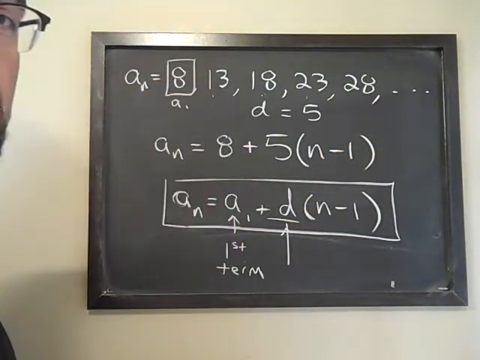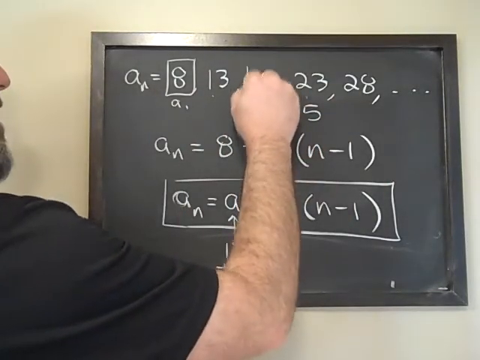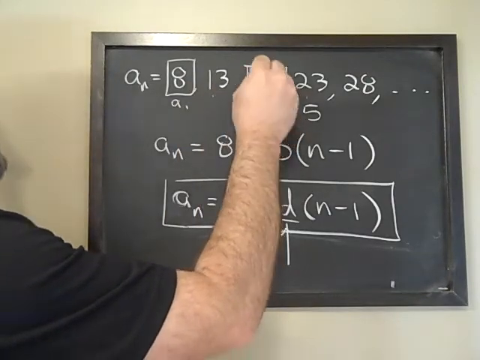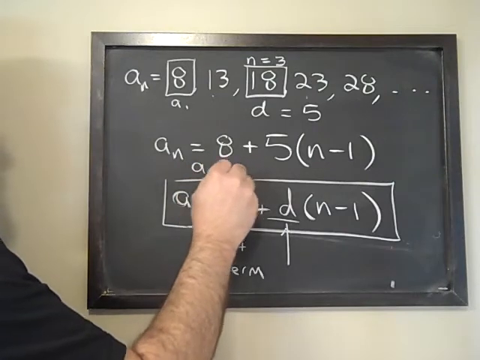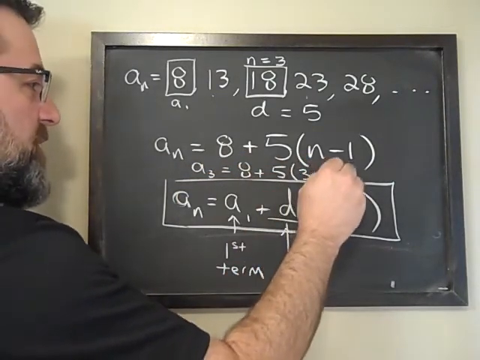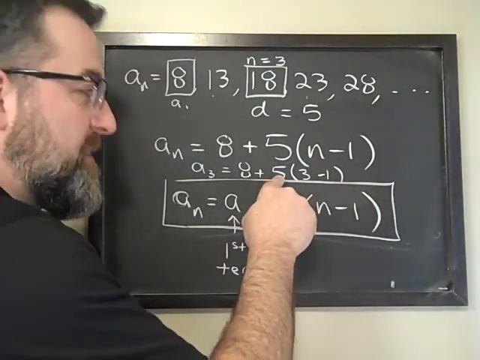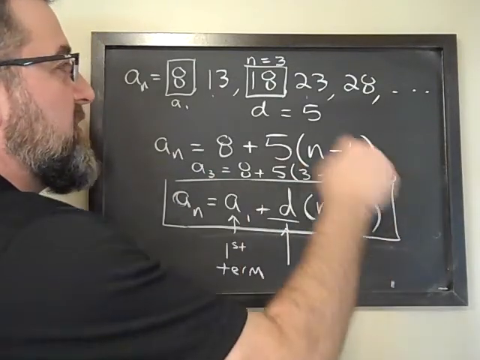That will generate this sequence. If you want to check to see will it make just some random term, let's see if we can make that one. That is the third term. The third term we know n is 3. So a sub 3 would be 8 plus 5 times 3 minus 1. What's 3 minus 1? 2. 2 times 5, 10. 10 plus 8, 18. The third term is 18.